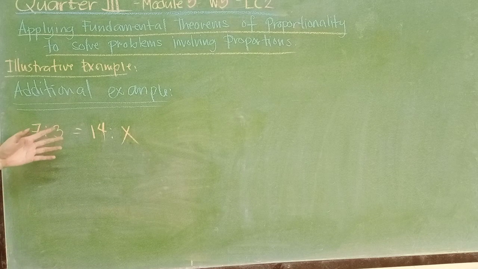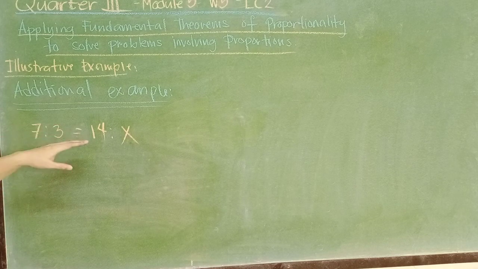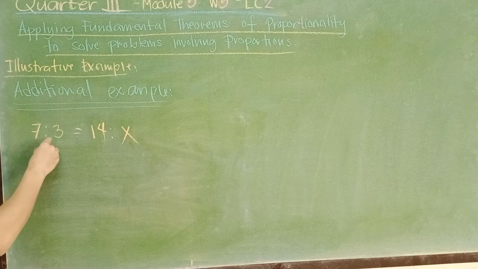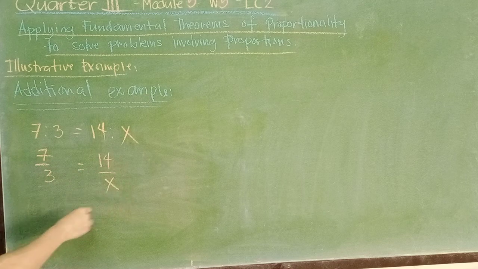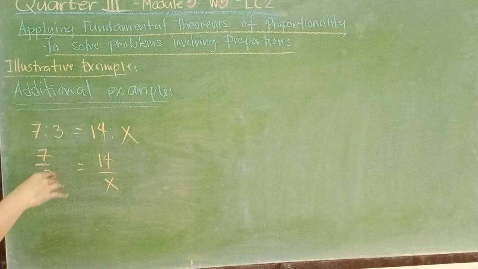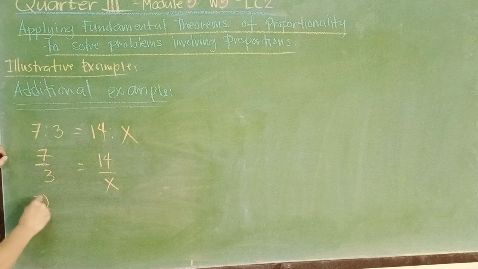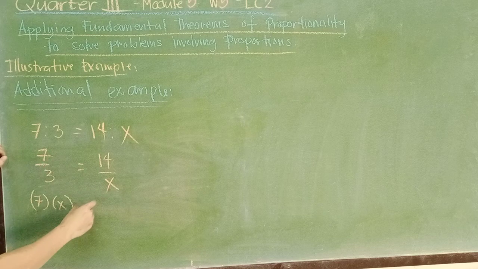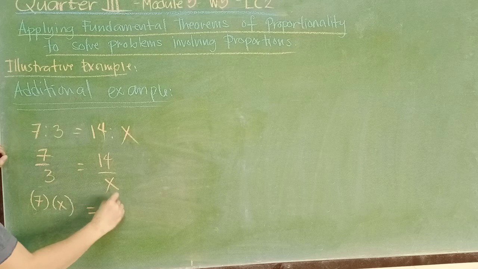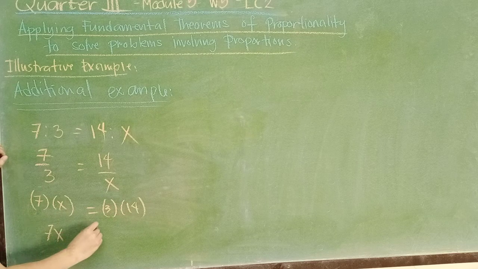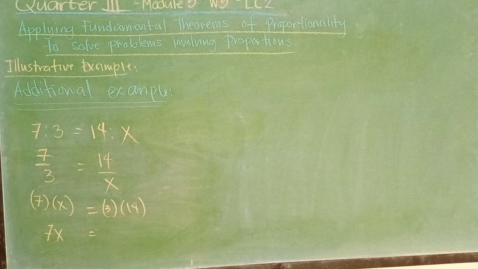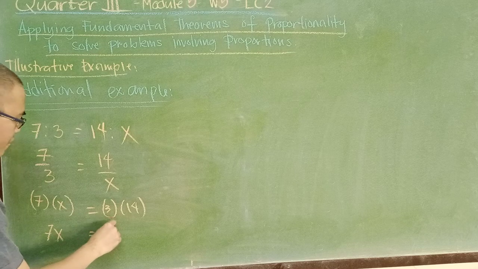So again, we transform from column form to fraction form. So it becomes 7 over 3 as 14 over x. We cross-multiply: 3 times 14, 7 times x. So this is 7 times x, 7x, and then what is 3 times 14? 3 times 14 is 42.